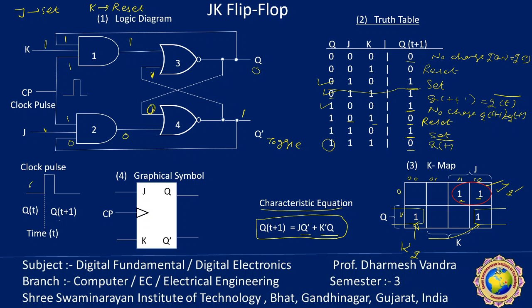Suppose J equal to 1 and K also equal to 1, and at that time Qt is equal to 0. Once the clock pulse is 1, Qt+1 equals 1.